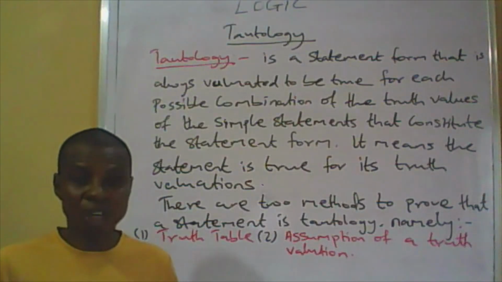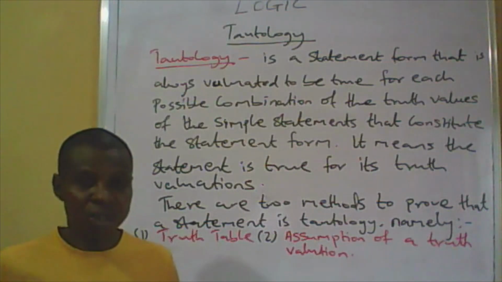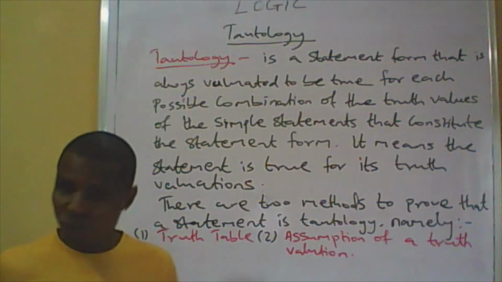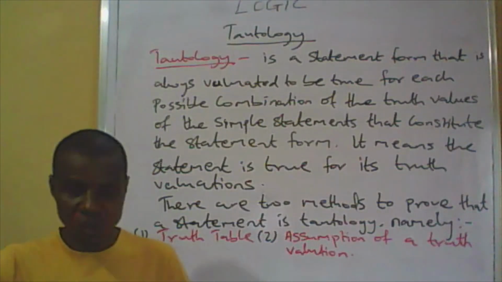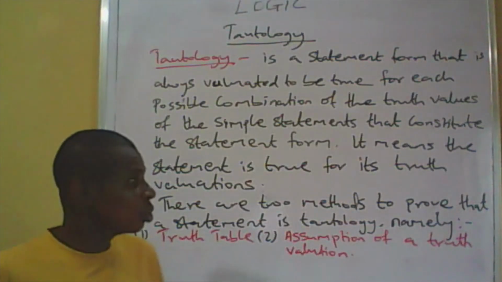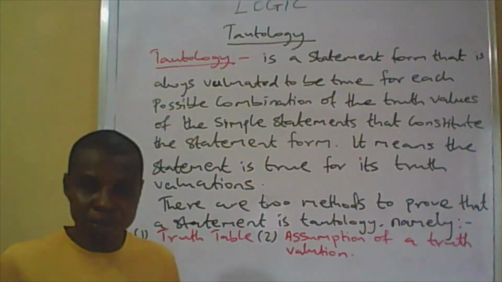If you arrive at a contradiction, you know that it is true, so it is a tautology. We assume that it is false because a statement that is a tautology can never be false. If there is a contradiction, you know that it is true. We are going to show how to prove them by following examples.